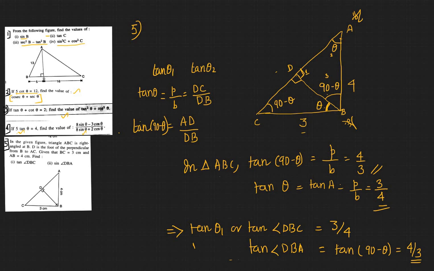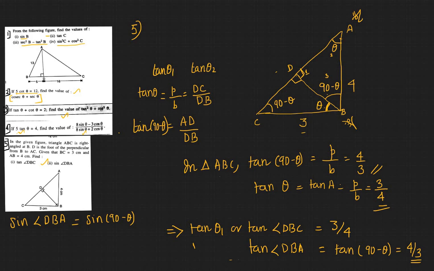Now the second part of the question is asking what is sine of angle DBA. So sine of that angle would be sine of 90 minus theta, right?